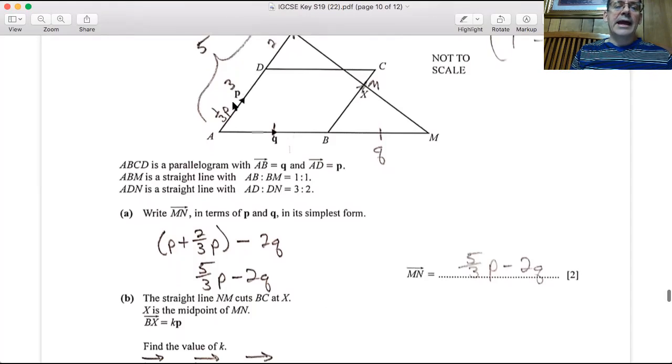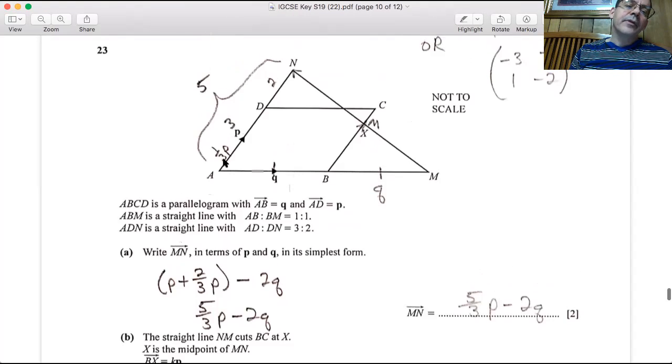Okay, so the A to N would be AD plus DN. A to N is A to D plus D to N. Well, the A to D is easy. It's P. That's this P right here. Now, you have to look at whether the P is a part or the whole. It's a part. If the P was a whole, then the DN would be 2/5, 2 out of 5, because 5 represents the whole.